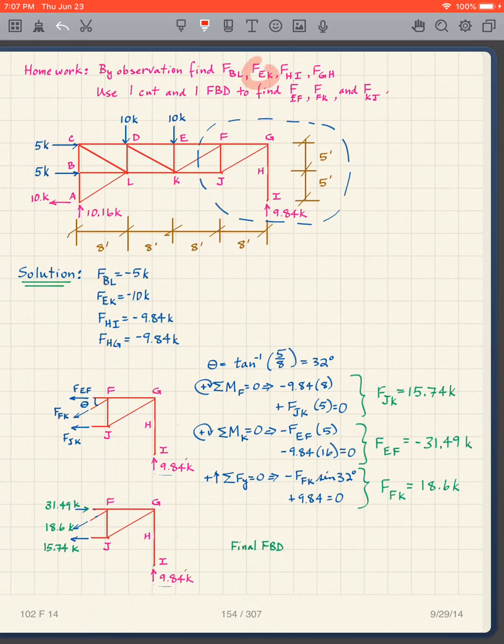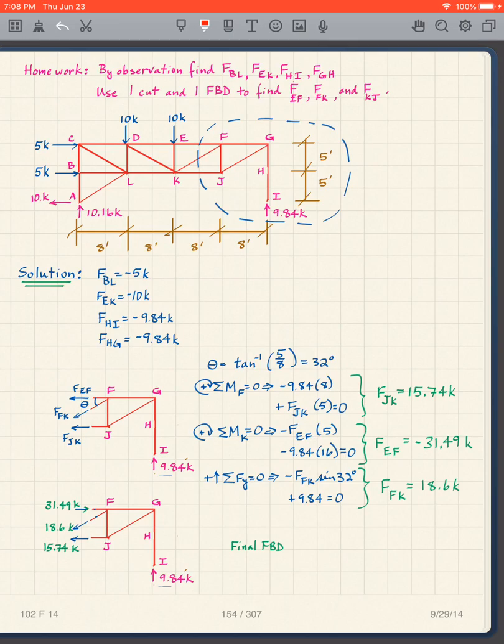Then FEK, it's right here, same sort of thing. These are in the x direction, this is in the y direction, so I have to have 10 kips compression there.